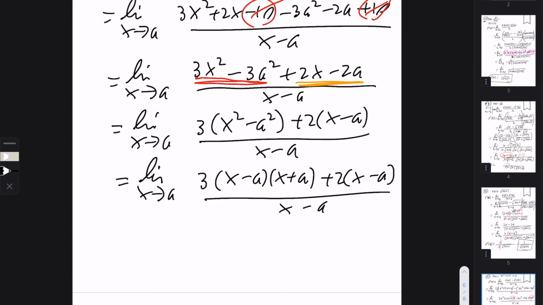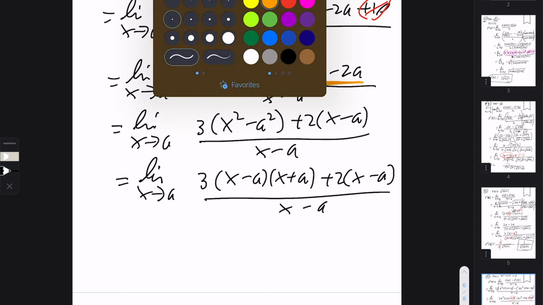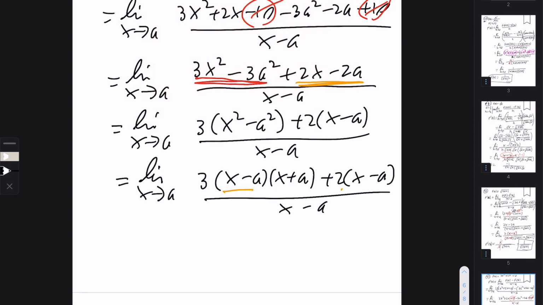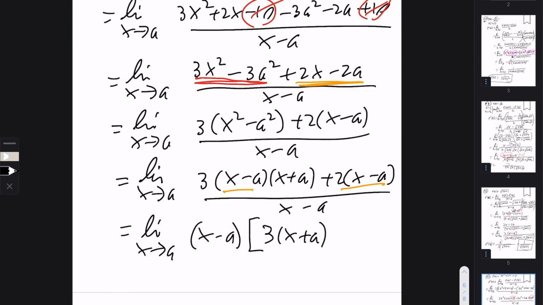And then you should notice they have a common factor. They both have an x minus a. Well, I'm going to take that out, x minus a out of that, and what's left? We have a 3, x plus a, and a 2.